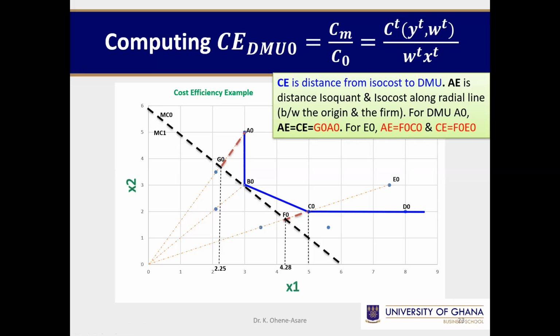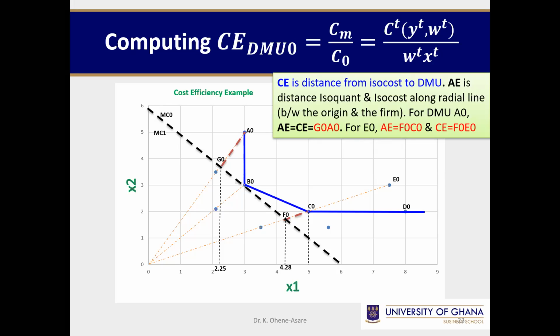And so the cost efficiency for DMU A will be 2.25 divided by 3. On the basis of that, you should be able to calculate the cost efficiency for every single one of them: A, B, C, D, E. This is by graphical calculation.